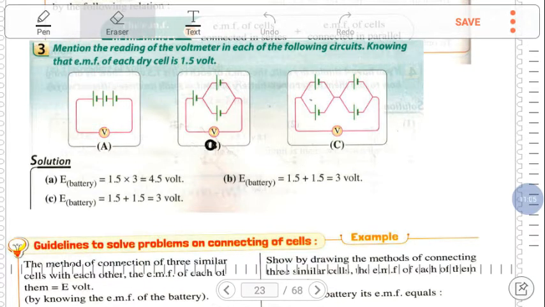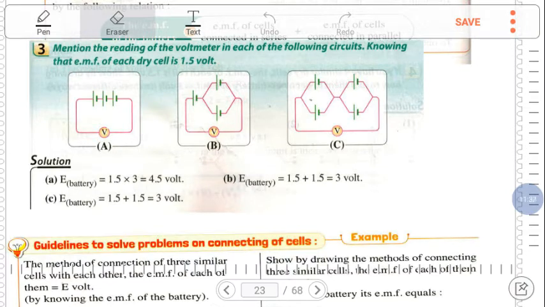In circuit number B, we have three cells, each of them 1.5. The first two are connected in parallel to each other, and the two are connected in series with the third one.